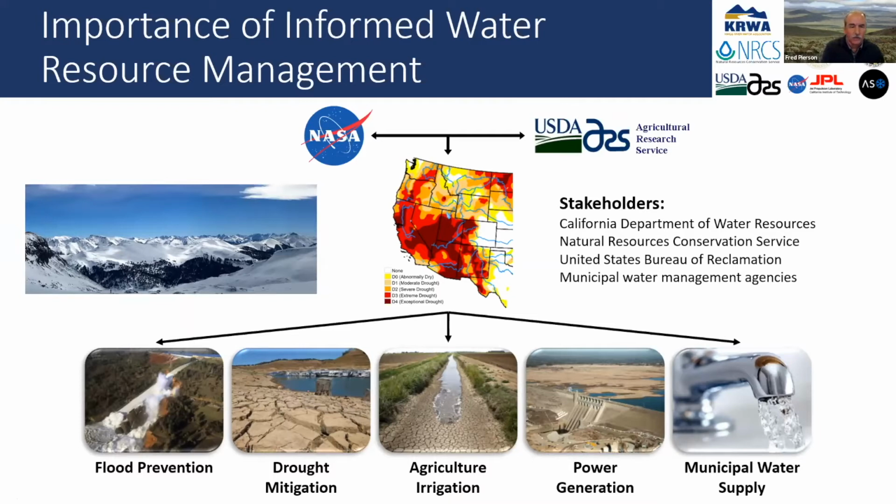The stream flow there is critical for a whole diverse set of needs, of which agriculture is only one, but power generation or municipal water supplies, but also is managed through a series of reservoir storage units that really serve to move the water into the dry seasons or dry times, and also helps with flood protection.